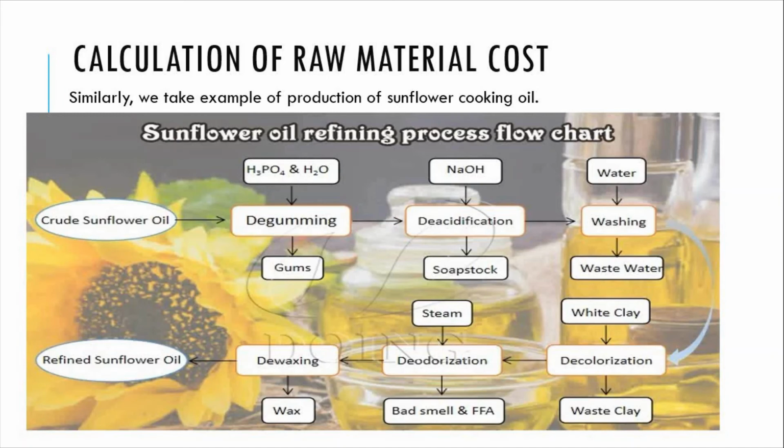We add up 6% of byproduct and weight loss due to different cleaning and other processes to reach the input quantity of crude sunflower oil.